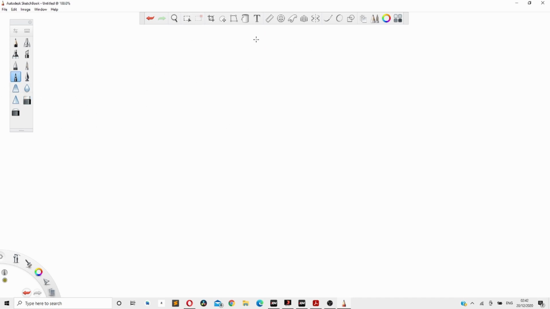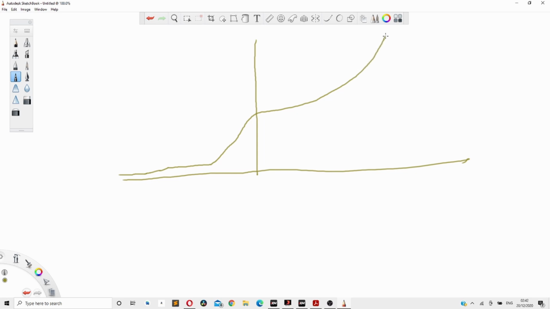On the y-axis we have y, and on the x-axis we have the values of x. The sigmoid function is something like this.